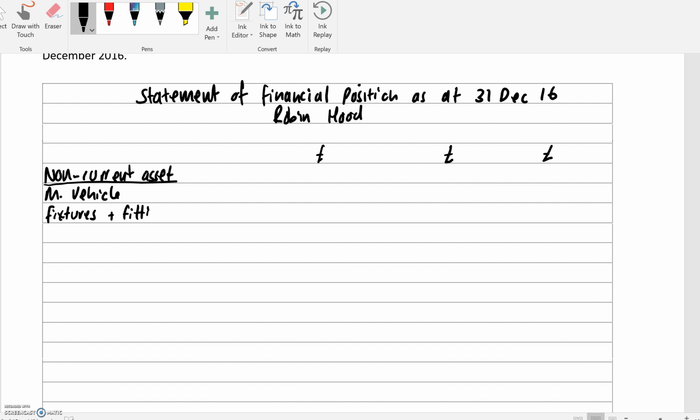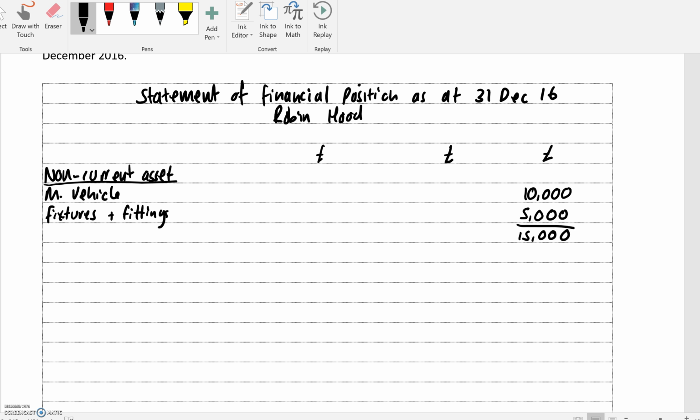Don't worry about the 3 columns just yet. We will come across depreciation later on in the course. So we have 10,000 for your motor vehicle, and 5,000 for your fixtures and fittings, which is 15,000 in total.